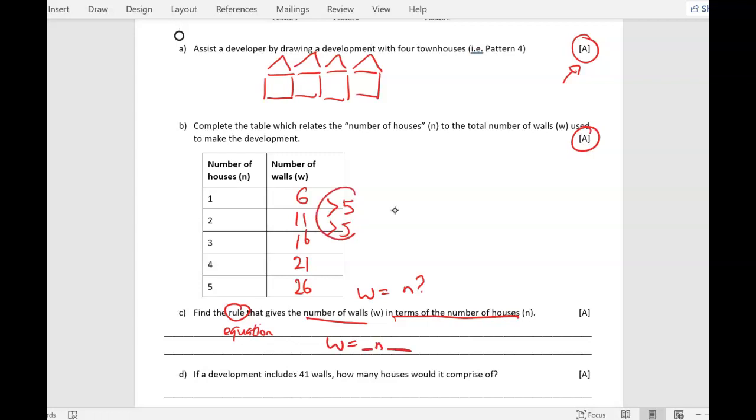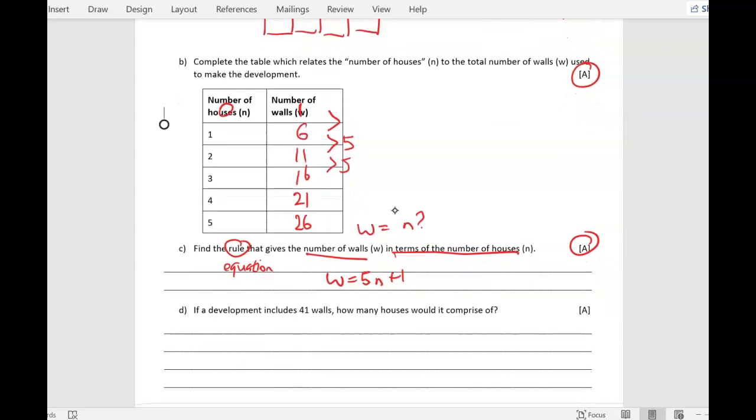So the gradient relates to how much it's changing by every time. So our gradient is going to be 5. And if we follow our pattern backwards, to say 0, that there would be 1. And it's that value there, 1, which is going to be added on the end, plus 1. If you're able to get that, you got your achieved mark.